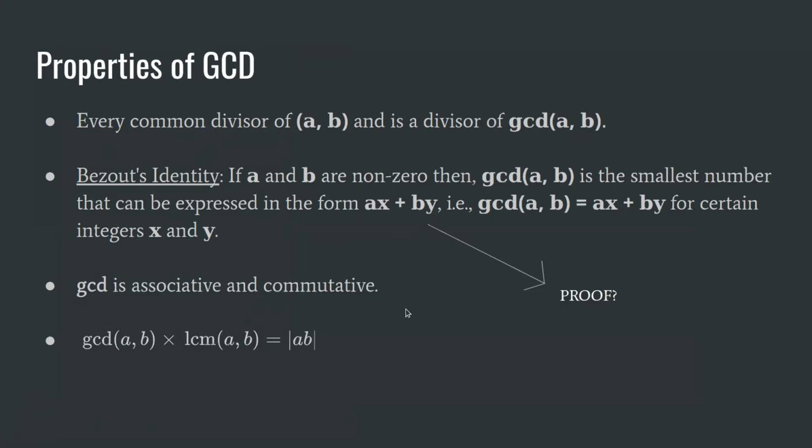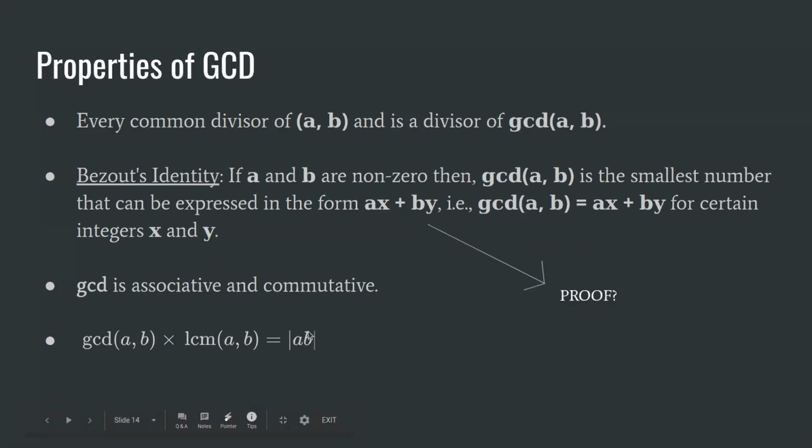Then we have Bezout's identity, which says that GCD of A comma B can be represented in terms of AX plus BY for certain numbers X and Y. I'll show a proof of this because this is necessary for the extended Euclidean algorithm, which Amul will further explain.